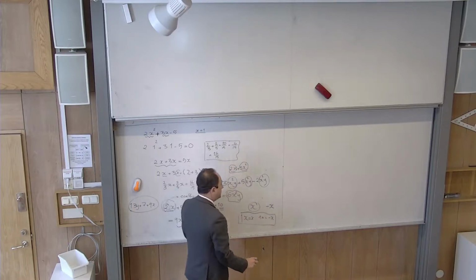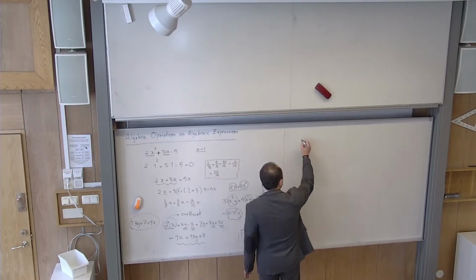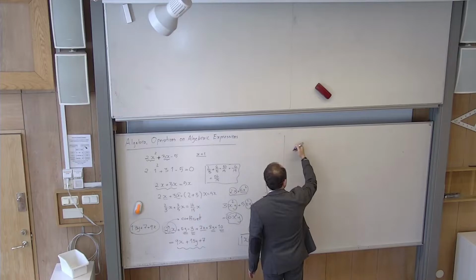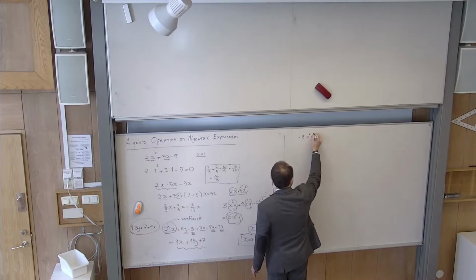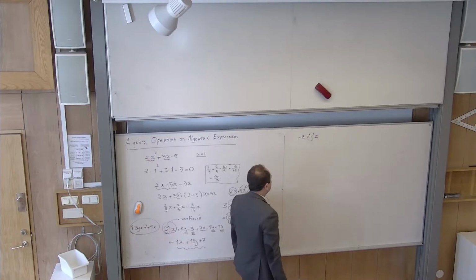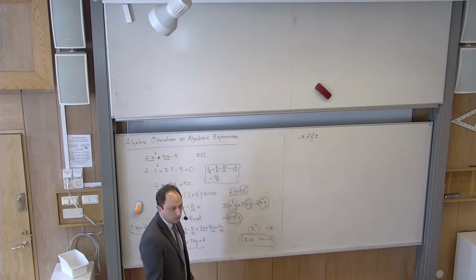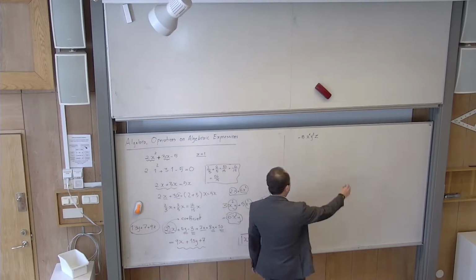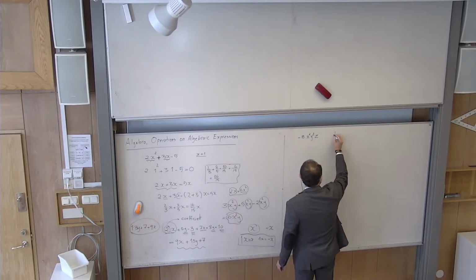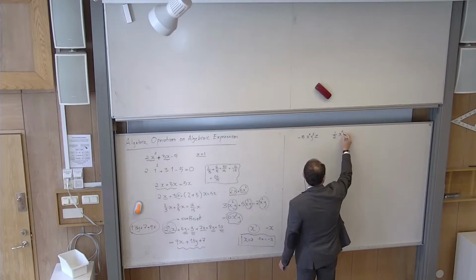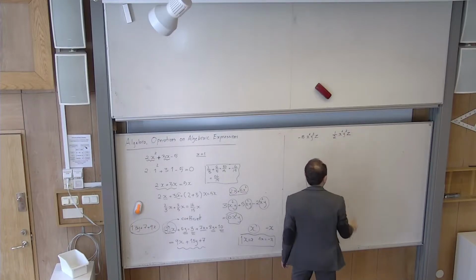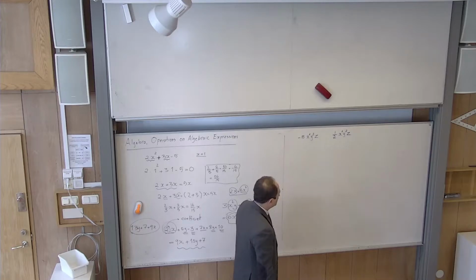For example, by the way, that's good practice to make sure that you know this. If I write -5x squared y to the power of 2z, what is the coefficient here? -5. But if I write 1 over 2 x squared y squared z, what is the coefficient? 1 over 2. Remember this.